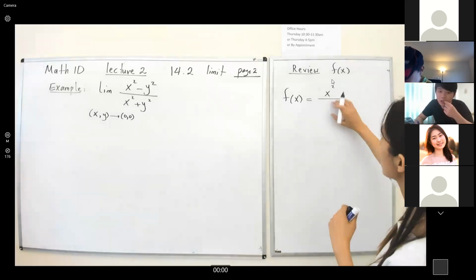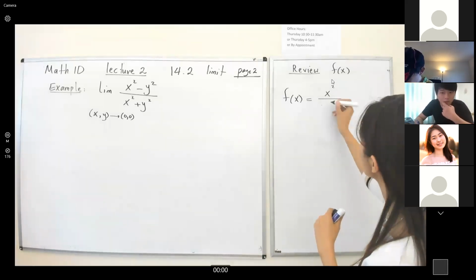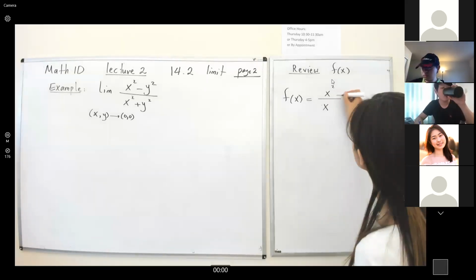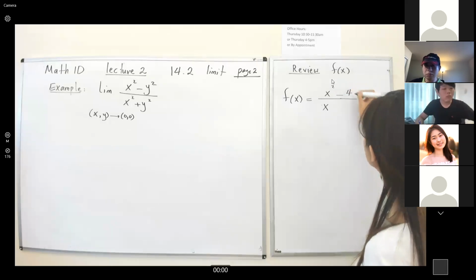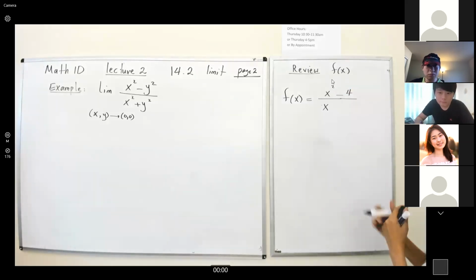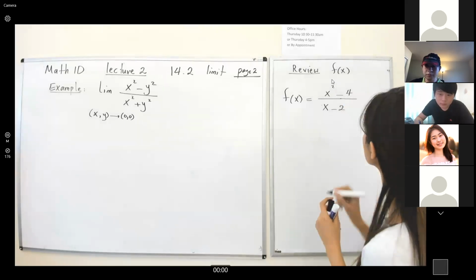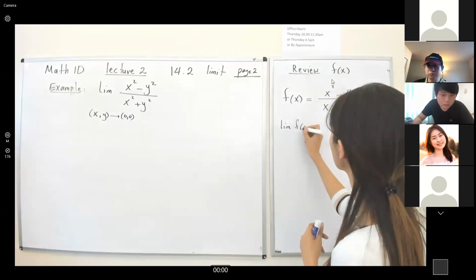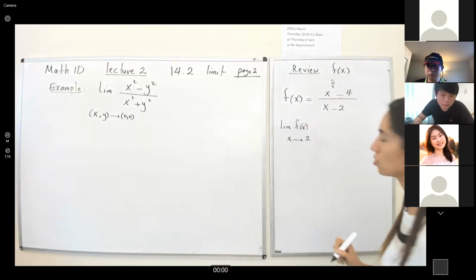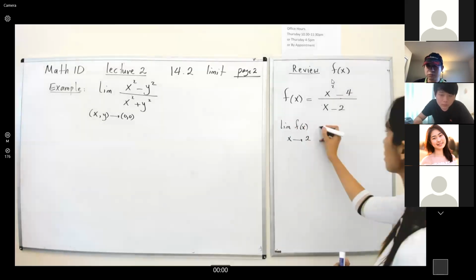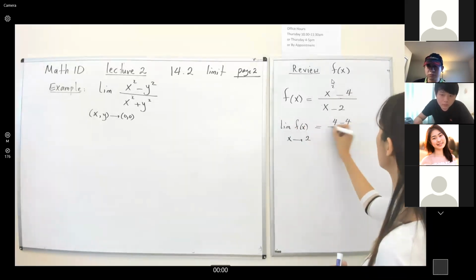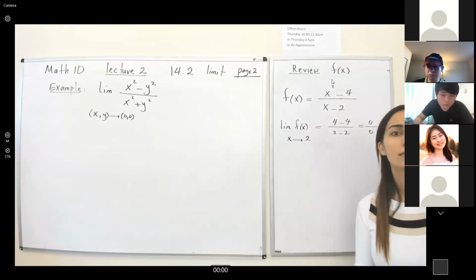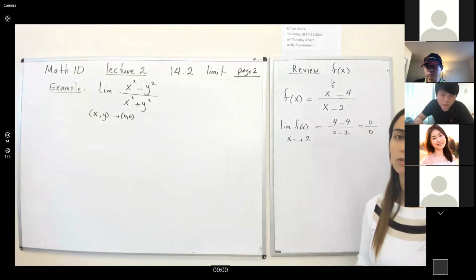While x goes to 2, if I plug in 2 here, I get 4 minus 4 divided by 2 minus 2, which is 0 over 0.